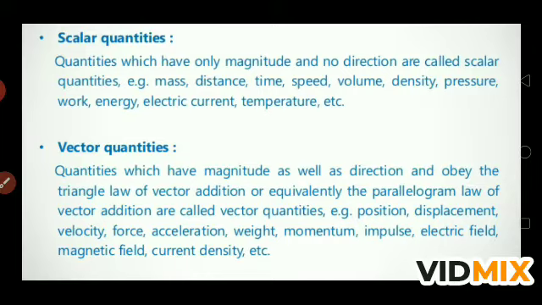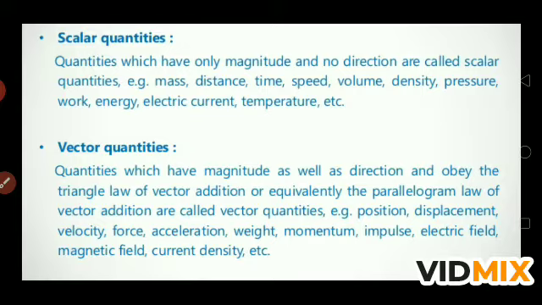These are the vector quantities. So it is very important to understand that quantities which have magnitude as well as direction, it is the very common thing now to define the vector, but one thing is also written here: the vector quantities are those only which obey the triangle law of vector addition or the law of parallelogram of vector addition.